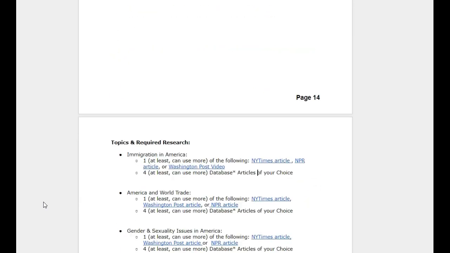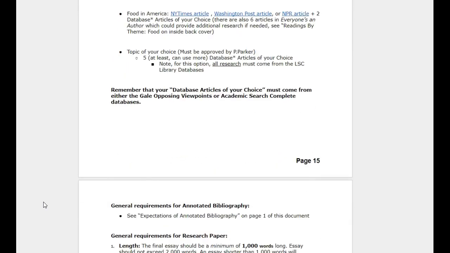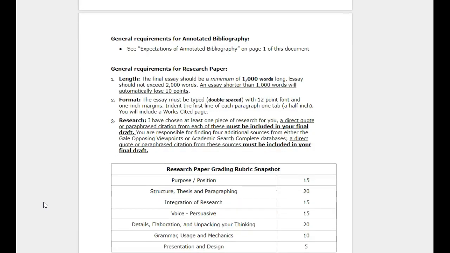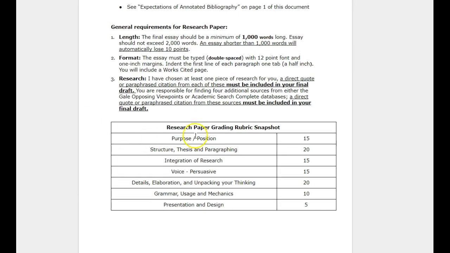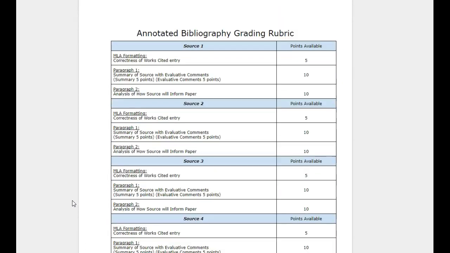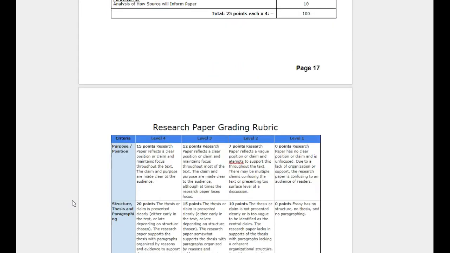If we continue to scroll, we will find our general requirements for the research paper, in terms of length, format, and again, a reminder of how much research you are required to do. There is a short grading rubric snapshot for the research paper itself, followed by a detailed grading rubric for both the annotated bibliography and the research paper.